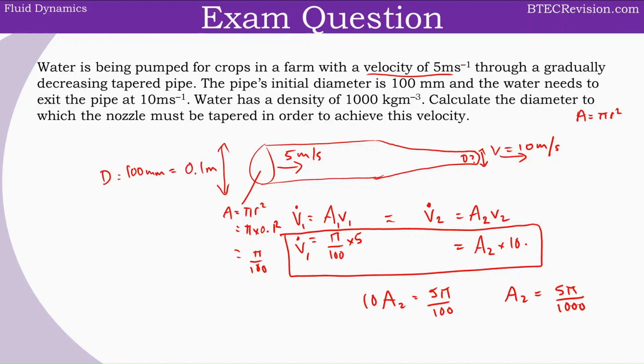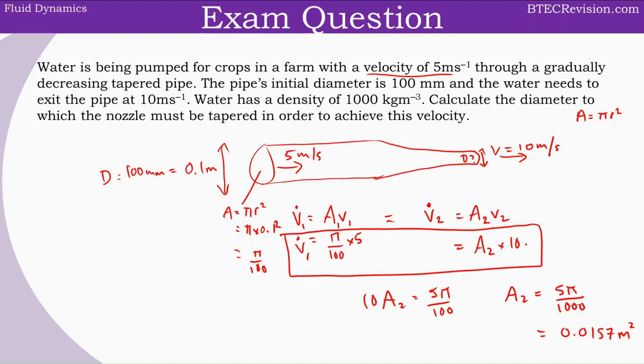Okay, and working that out gives us a value of 0.0157. That'll be meters squared. So that's the area.